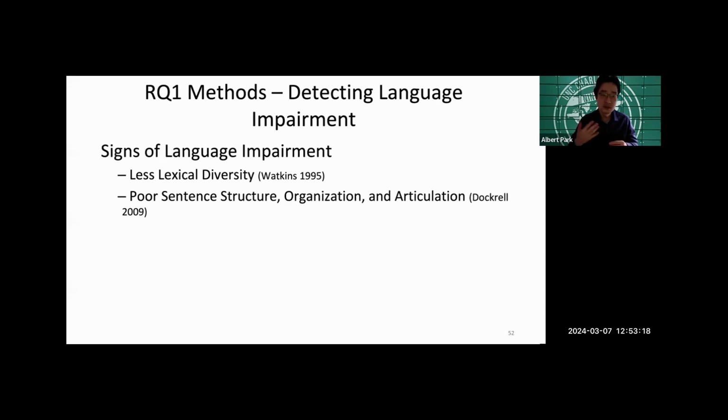For signs of language impairment in everyday situations, I turned to the literature and found that lexical diversity is lower, and writing is in a format that has poor sentence structure, organization, and articulation. All of this was qualified as poor writing.